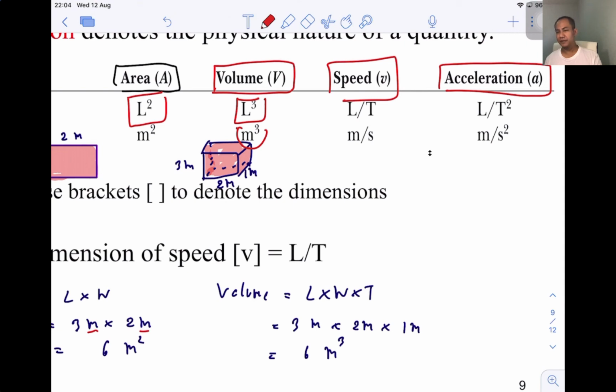So it's a meter per second. So when we talk about the dimension, it is L over T, the capital T denoted for time. Okay, and acceleration is L per T square.